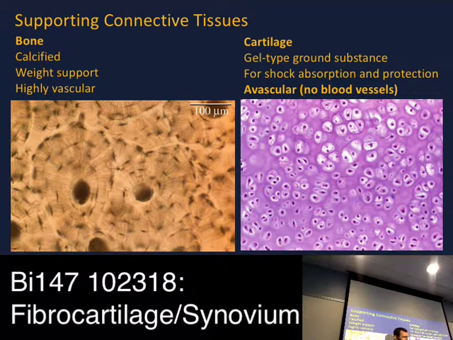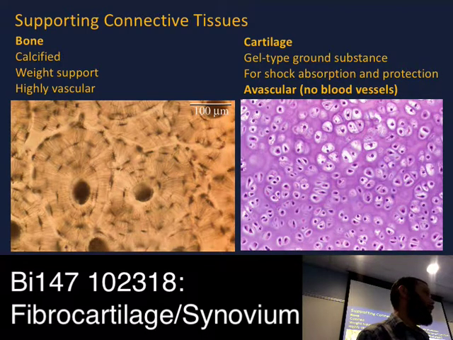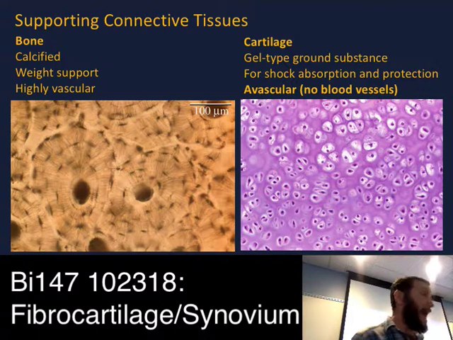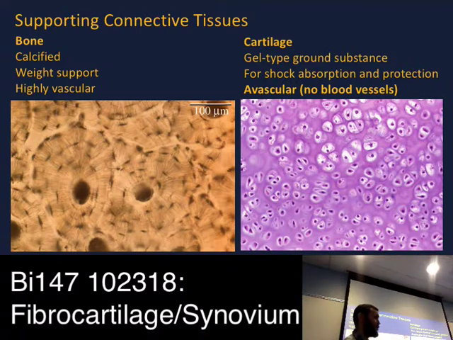There are no blood vessels. Blood is good. Blood carries nutrients. Blood carries cells. Blood brings water. Blood brings oxygen. Blood takes waste products away. Cartilage doesn't have any of it, right? So we're going to get to the implications of that and how to deal with that in a bit.